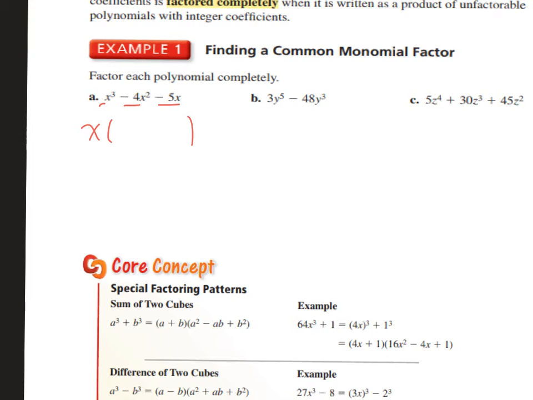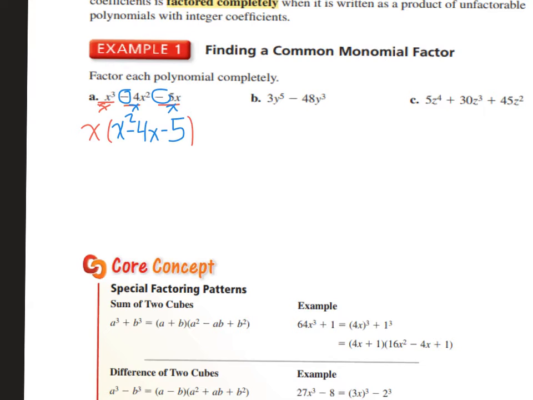So if I started with x to the 3rd power, and I took 1 away, or divided, I would be left with x squared. My sign right here is just going to drop, and I'll be left with 4x, because again, I'm dividing by x. And the other one, the sign is going to drop, leaving me with just a 5.